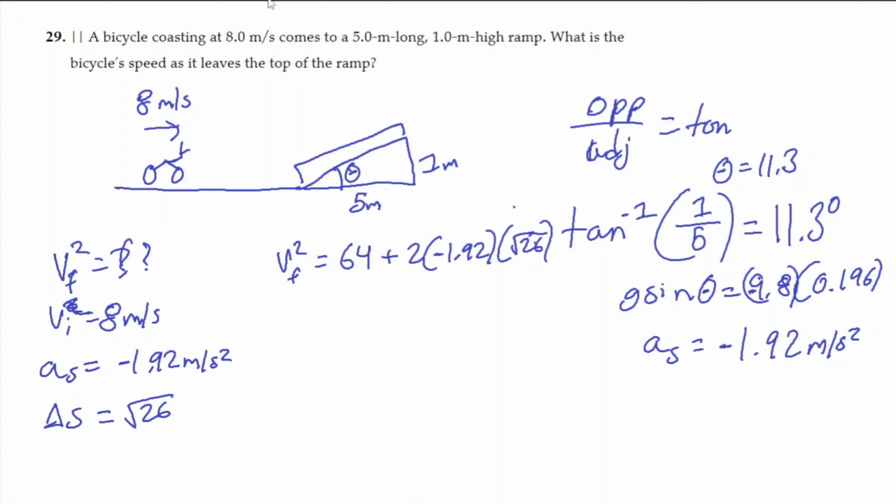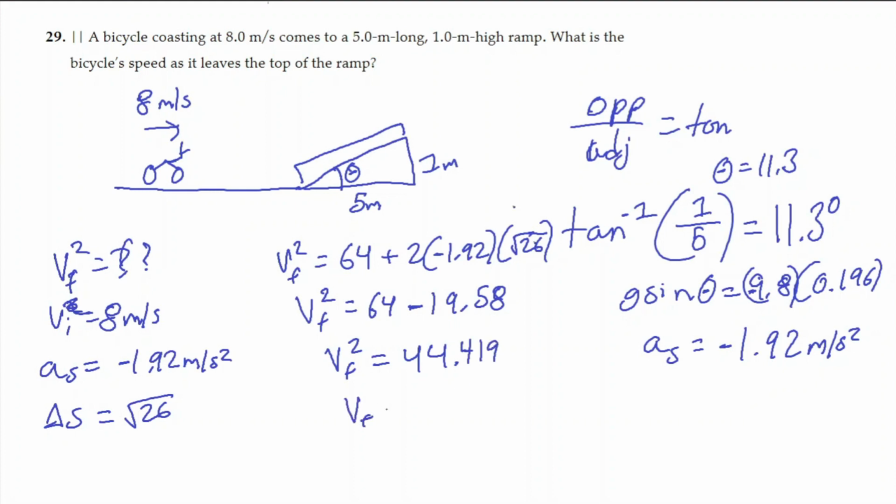If you plug it in, you're going to have v final squared is equal to 64 minus 19.58. And then if you simplify the right side, you're going to have v squared final equal to 44, not 4.4, 44.419.